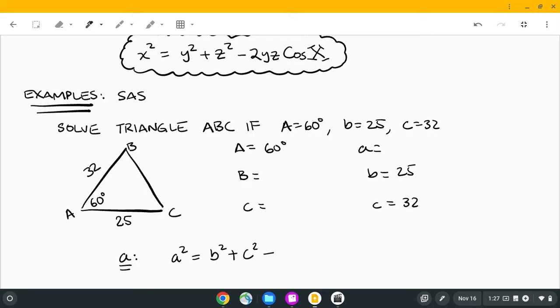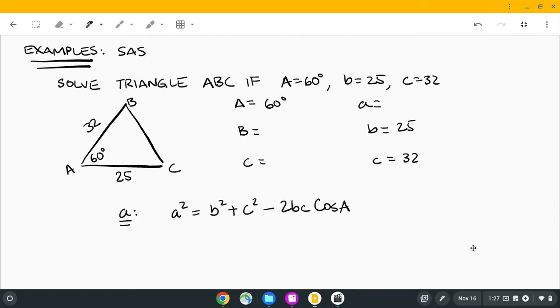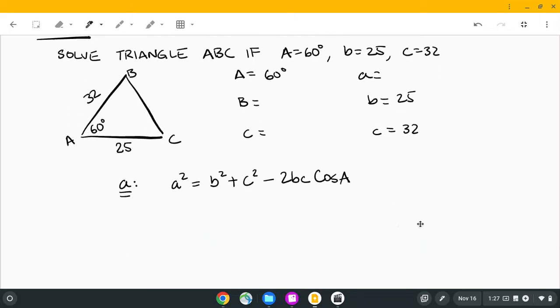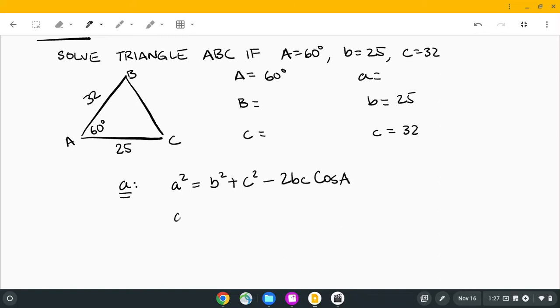If those 2 are b and c, then these 2 here will be b and c, and it's cosine A. So this is what I'm using to solve for little a. So little a squared is 25 squared plus 32 squared minus 2 times 25 times 32 times the cosine of 60.